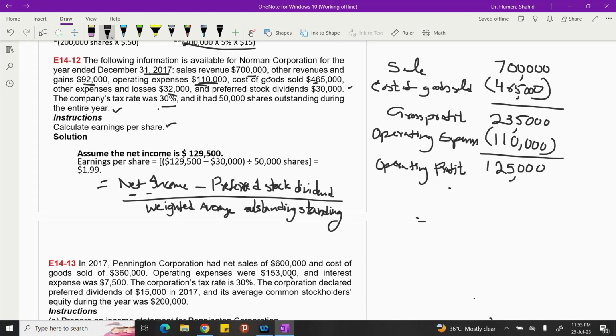Then from this operating profit, you add other income and gains. I'm just writing it as other gains due to less space, and also I'm making an informal income statement. Other revenues and gains are given as 92,000, and I have to deduct losses or other expenses, also given as 32,000.